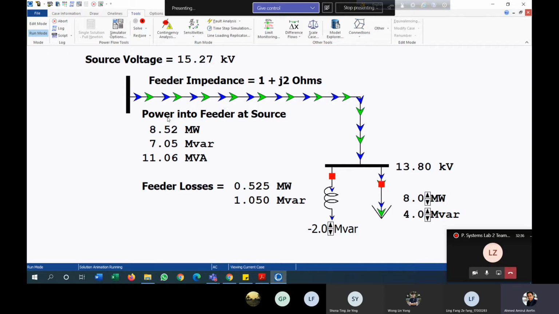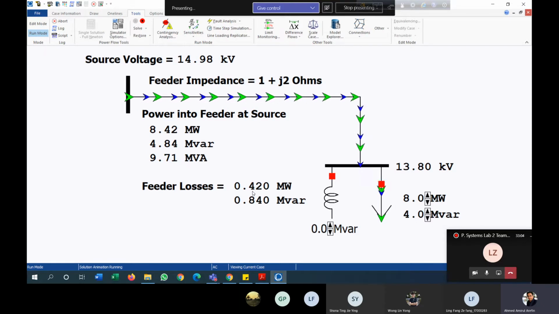Okay, so if we consider the real power, this is basically the input power we have. Like if I convert it into the initial stage, this is the real power of the initial stage, and this is the losses.